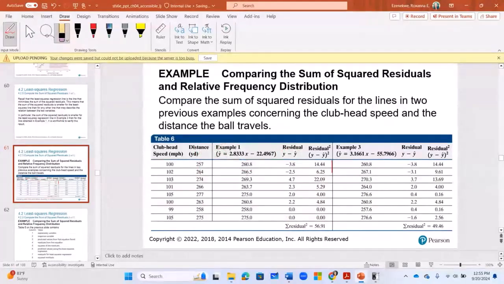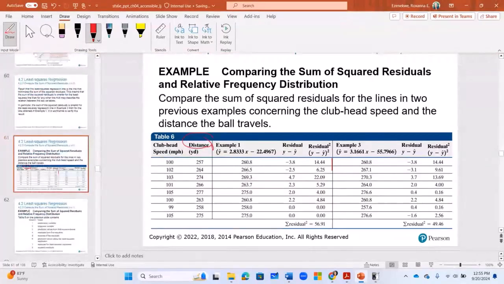Remember that we are comparing these two. This is your y, the original y. The original y is the observed. The y calculated from your calculator is the predicted.